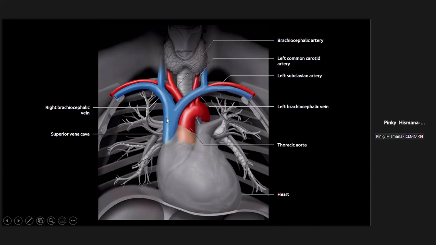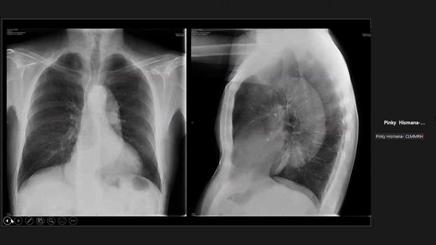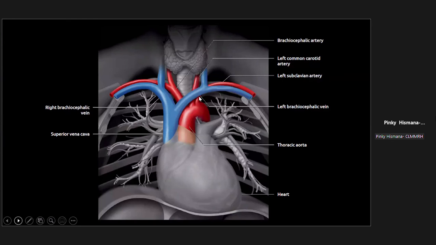So when we talk about great vessels of the mediastinum, particularly we're talking about the blue one, which is the superior vena cava, the aorta, and your main pulmonary arteries, which is seen here in the gray portion. Though of course you can have also lymph nodes here at the same time.